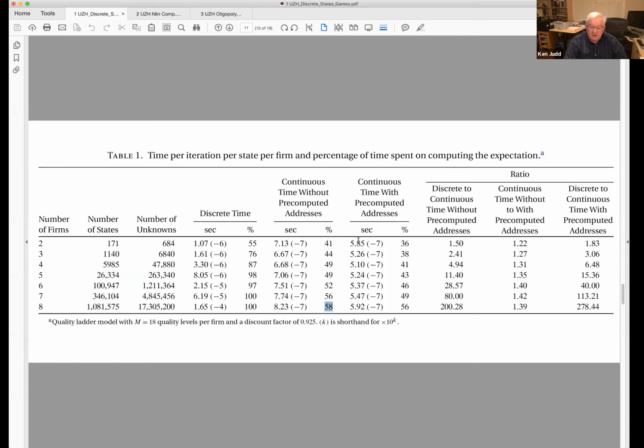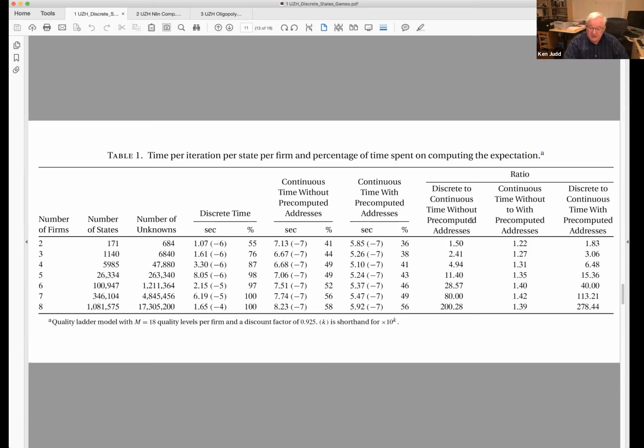Now, we also got a further reduction in time by some basic computer science, some data structure or data representation thing, which could not be done with discrete time. It could be done with continuous time. And that got a further reduction in time.